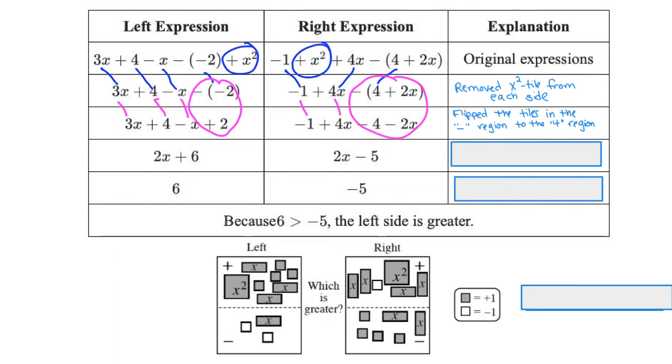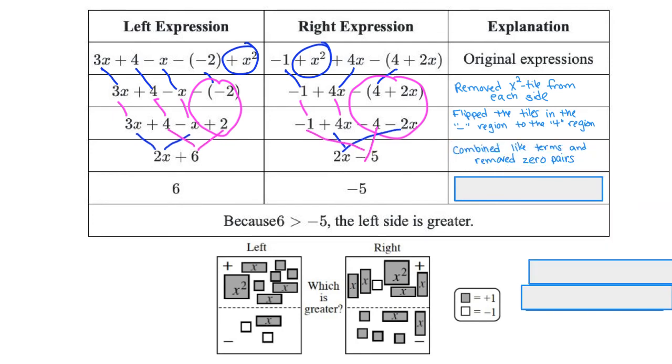Next section. Got those combined and those combined. And on the right-hand side, the x's were combined and the constants were combined. So Athena had combined like terms and removed all the 0 pairs.